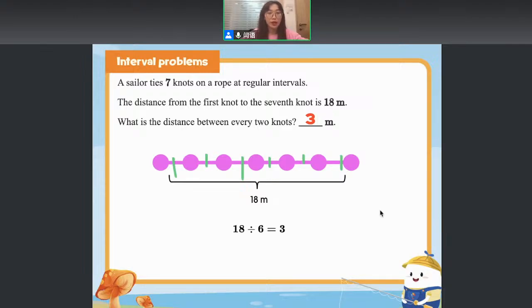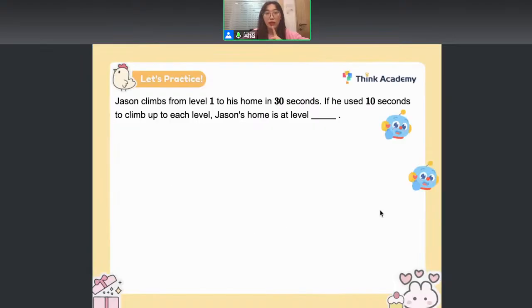Okay. And here I want to mention one more thing. For interval problems, cutting woods or the knots intervals are not that hard for kids. But when it comes to climbing the staircases, super hard. I see that for my long-term class, most students answer such questions wrongly. Let's have a look.